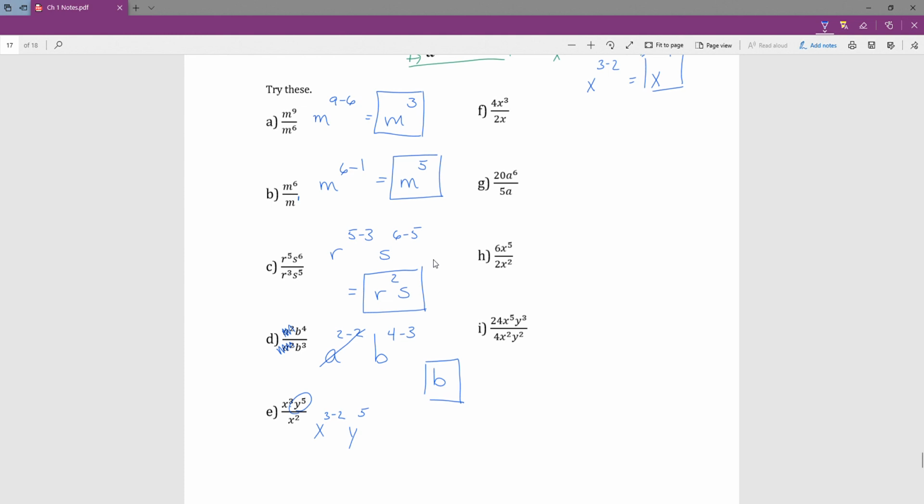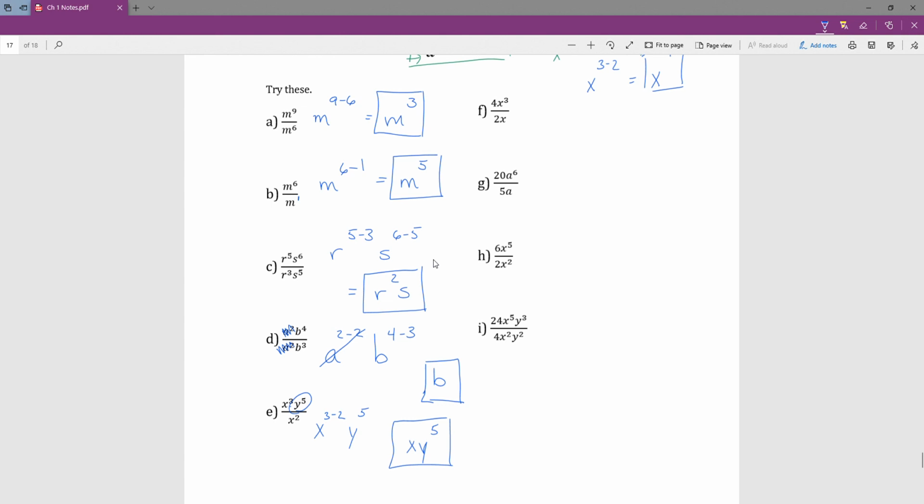My final answer for this is going to be x y to the 5. So I tried to throw in some oddballs here at the end just so that you have some experience. They can seem like trick questions, so doing your homework, definitely don't skip too many so that you don't deprive yourself of seeing one of those different type questions.